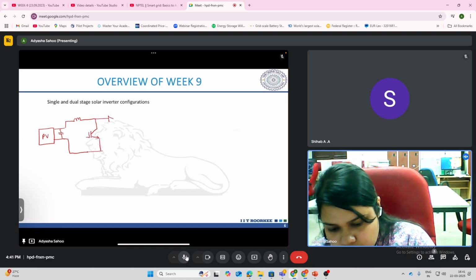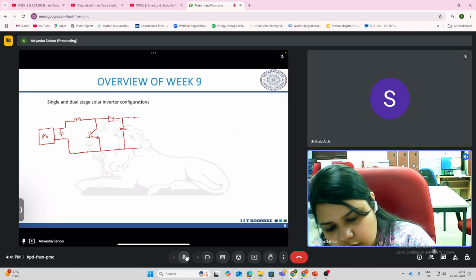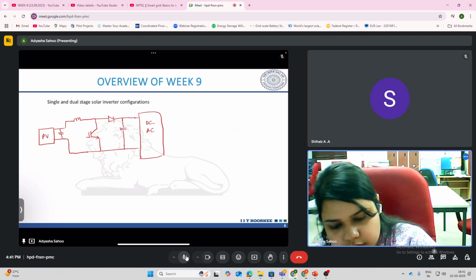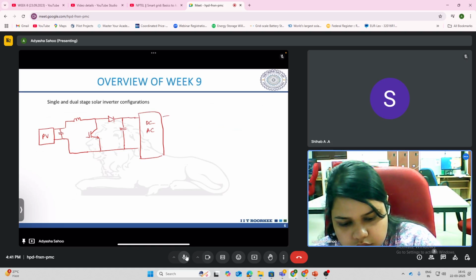We have the diode and the capacitor. So this is a boost converter, and after that again you have the DC to AC, and then again you have the grid.